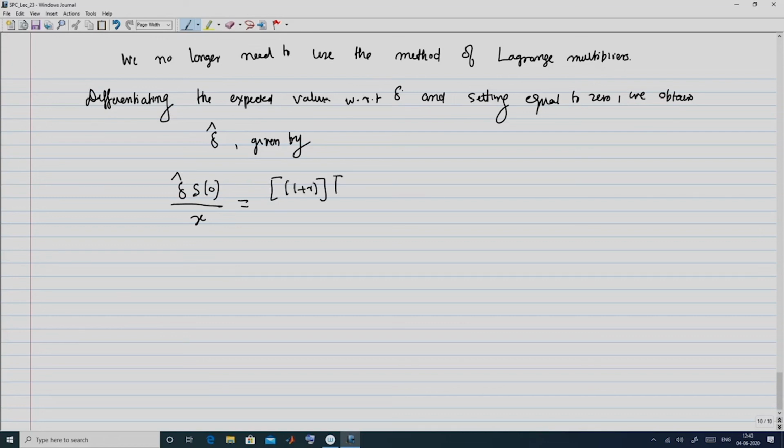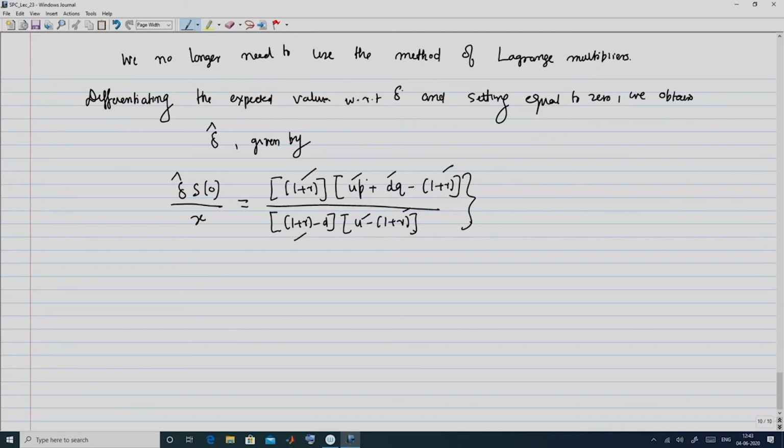This turns out to be 1 plus r into u p plus d q minus 1 plus r, closed over 1 plus r minus d into u minus 1 plus r. So, observe here that on the right hand side 1 plus r is known, u and d are known, and so are p and q. So, this is essentially independent of x.